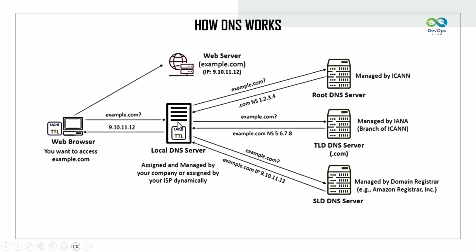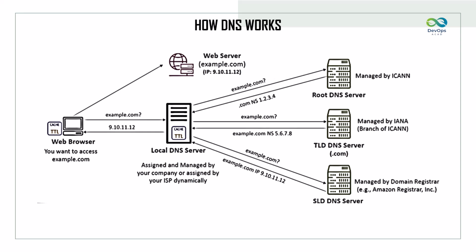Your local DNS will take that response and send another request to the top level domain, which is the .com, because the root DNS has given it the address of the .com. That one looks at it and says, I don't know about example.com, but of course I am aware of .com, and I can give you the name servers for .com.